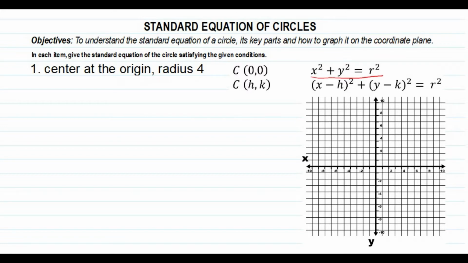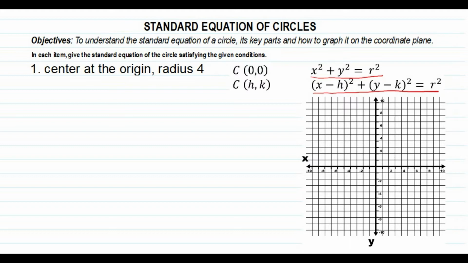If hindi naman siya located at the origin and it has a center h, k, ibig sabihin any number aside from 0, so it has the standard equation of the sum of the squares of x minus h and y minus k equals r squared. Okay, so let's start.